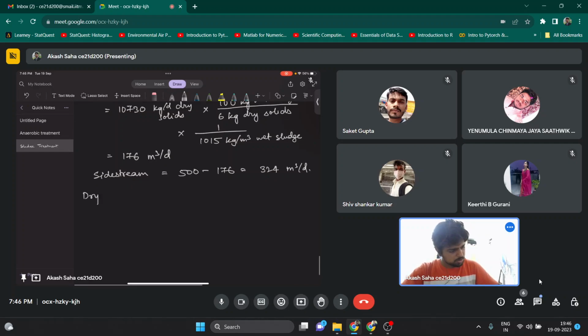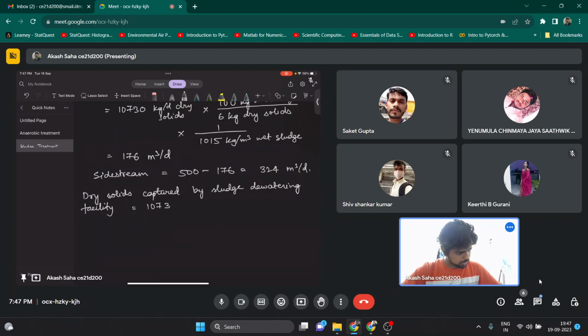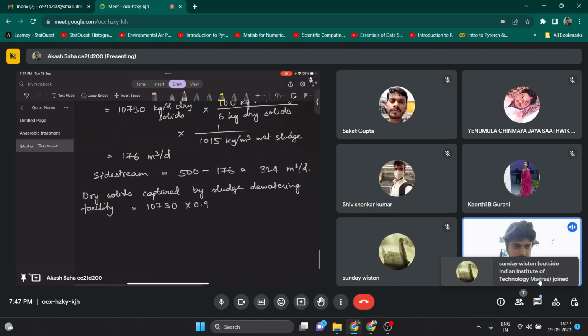So the dry solids captured by the sludge dewatering facility, earlier it was 10,730 into 0.9. Okay, so it will be 9660 kg per day.